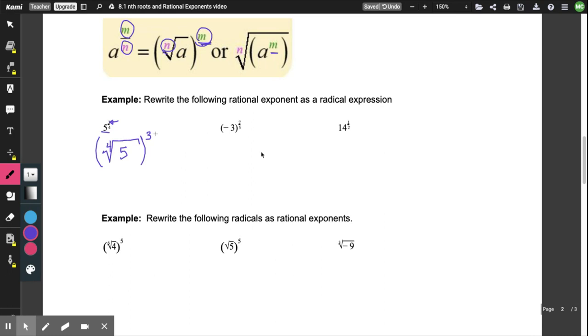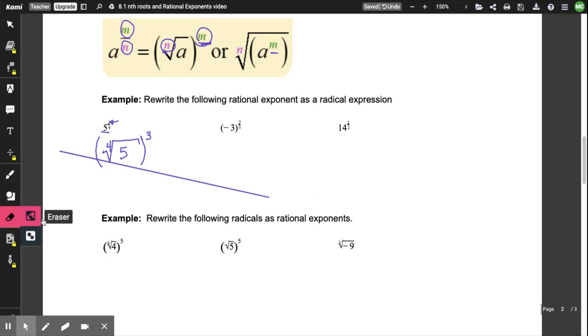Looking at the second one there, I've got a -3 to the 7/5 power. So once again, I do have a rational exponent. So I'm going to rewrite that as a radical.